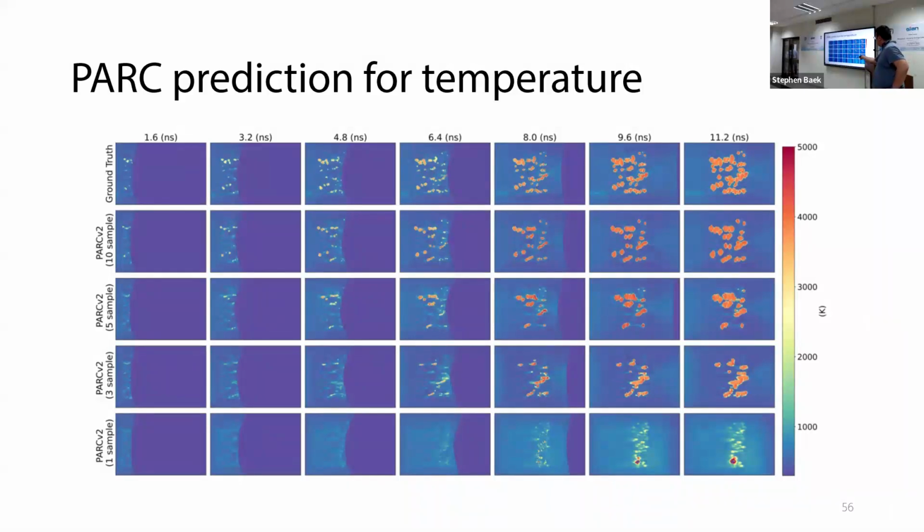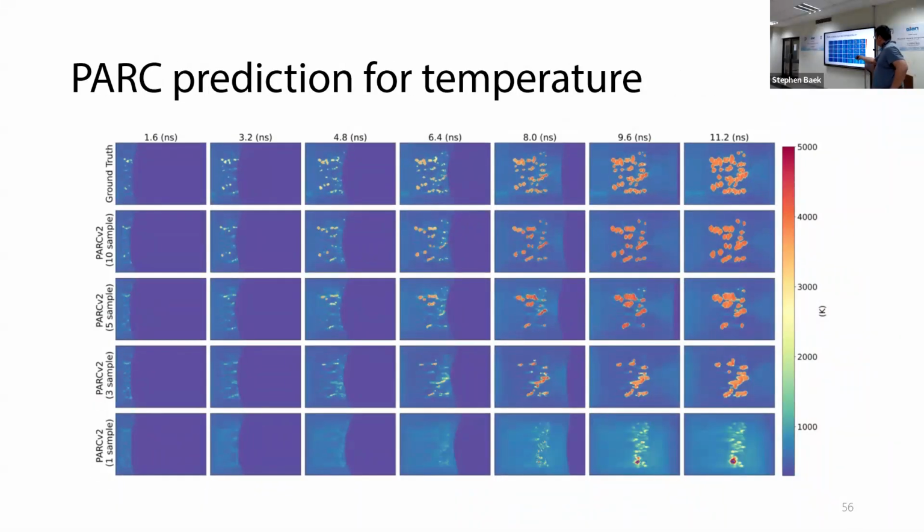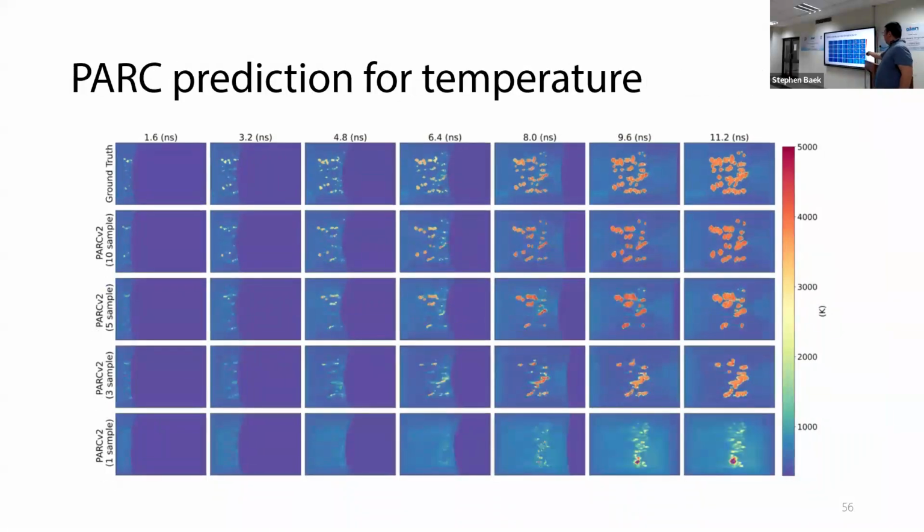Of course, as we increase the number of samples, the prediction results get better. But compared to this, the ones that are pre-trained on the single void simulations tend to learn much faster what's happening in the larger scale, compared to this one that has never seen the single void simulation results.